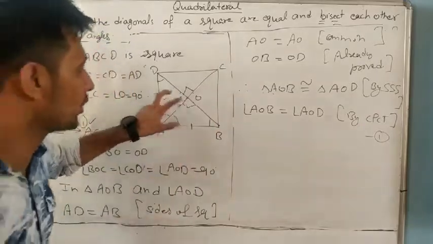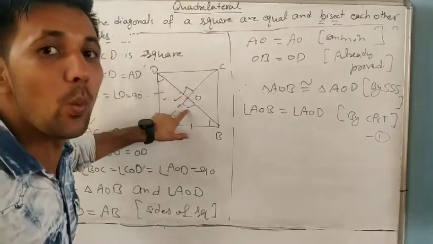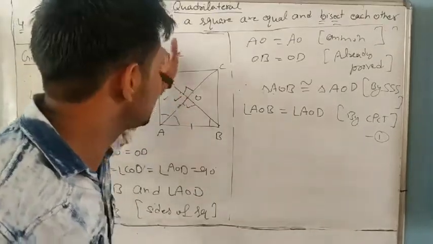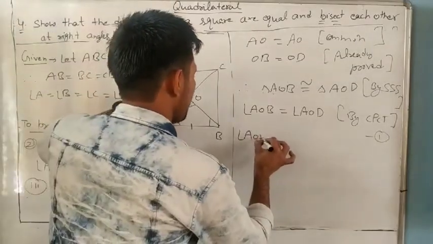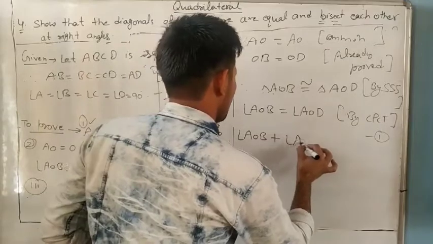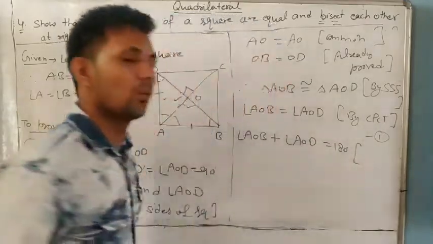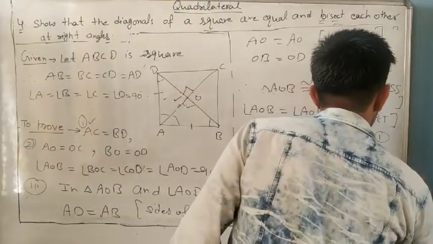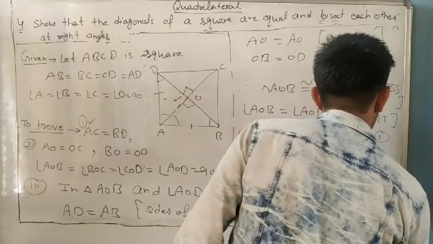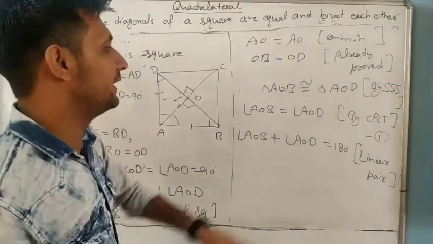So we already proved that this angle and this angle are equal, and we know that the sum of this one and this one is 180. Why? Because it is a linear pair. So you can write angle AOB plus angle AOD equal to 180. Why? Either write linear pair, or write angle made by a straight line is always 180.